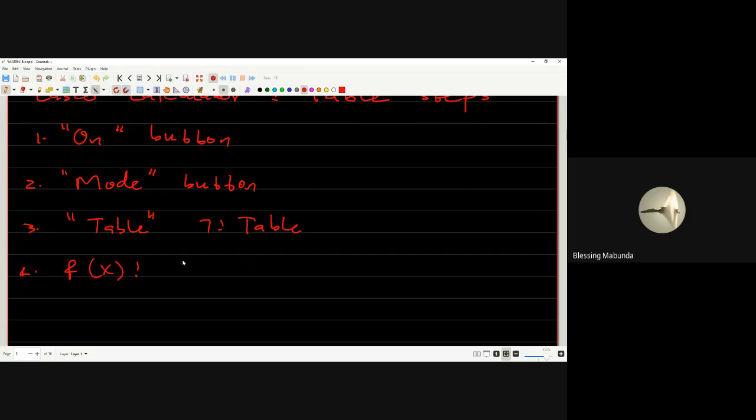So you'll type in your function. In our example, f of x is equal to 2 and then you type in your x over 2. And from there, you press the equal sign.